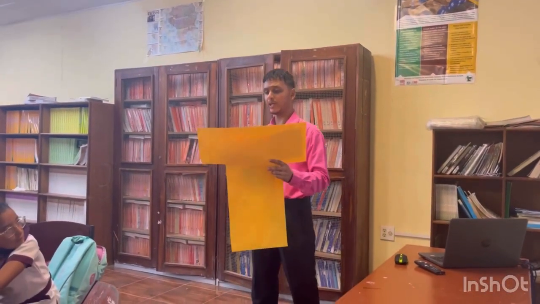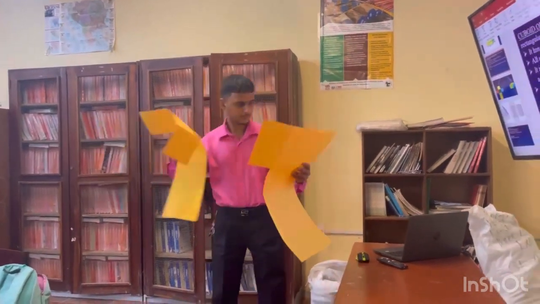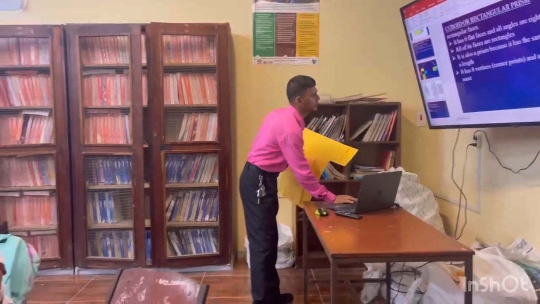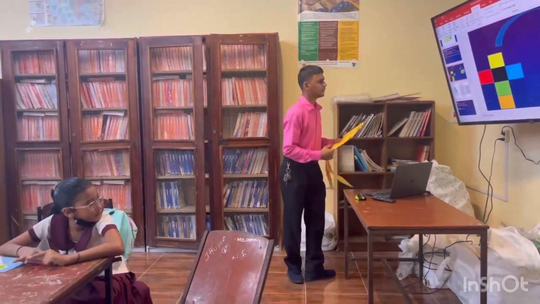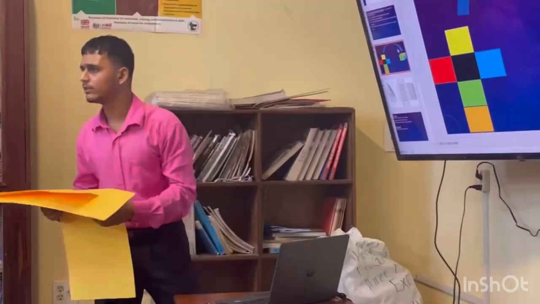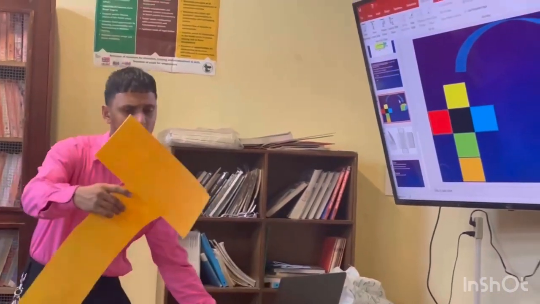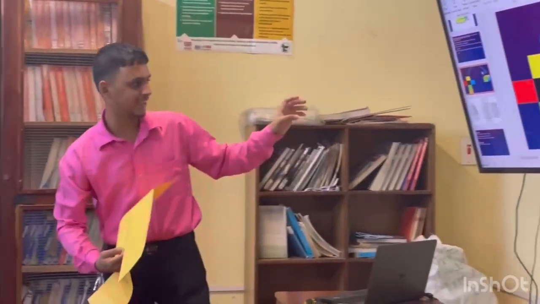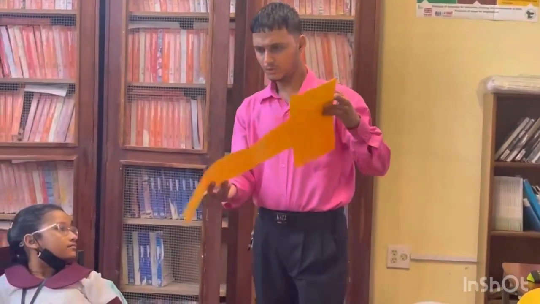But bear in mind, I just made one for these, right? So let's look at the cube first. This is what the model will look like. If we fold that up, we're going to get the cube.